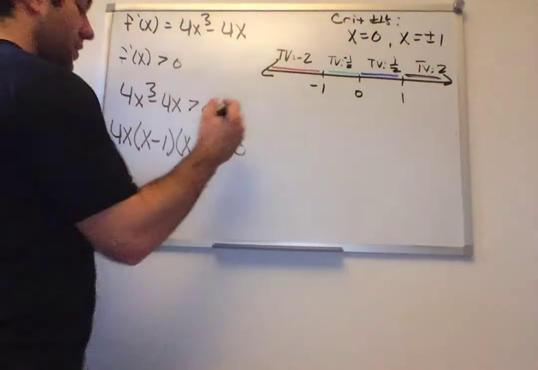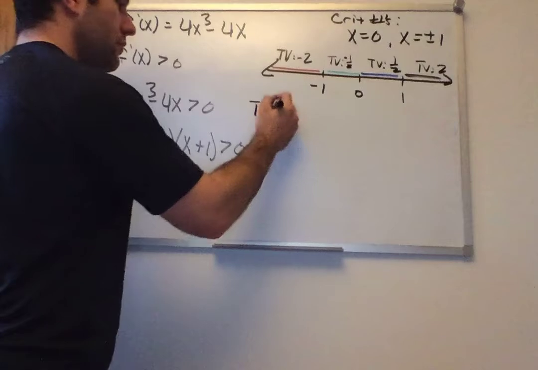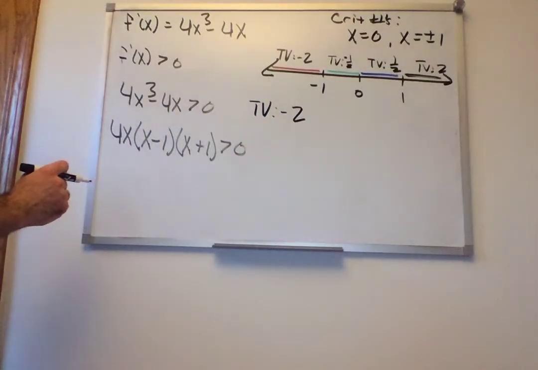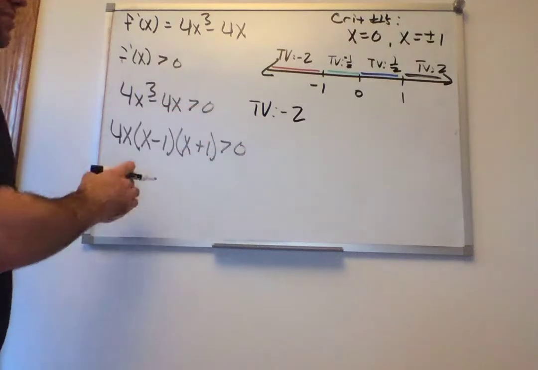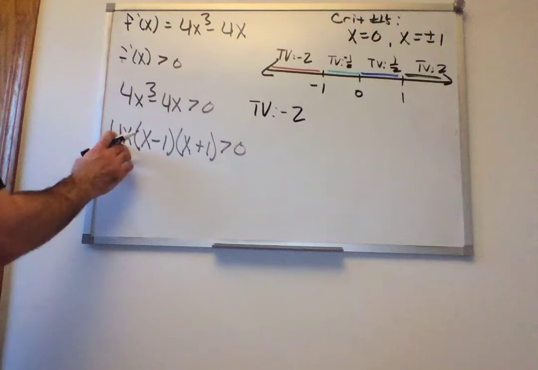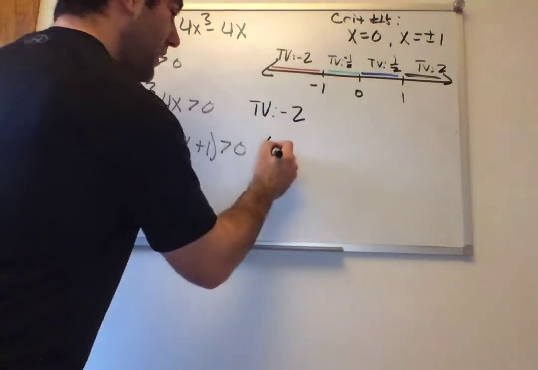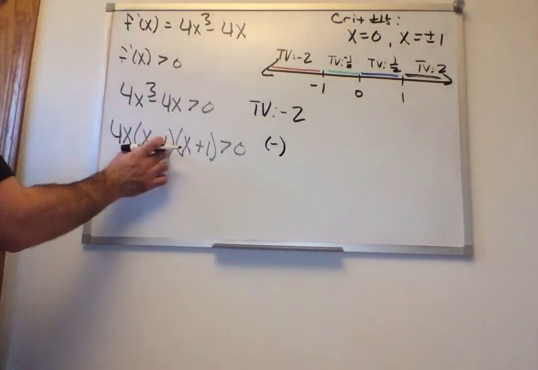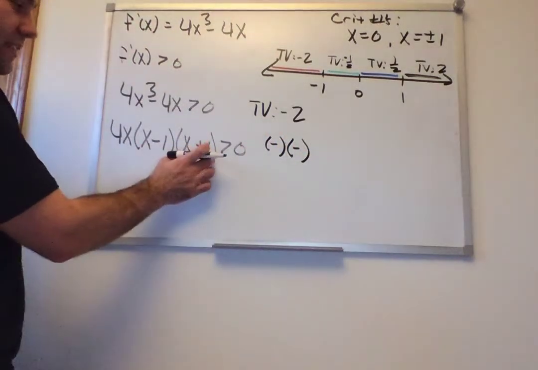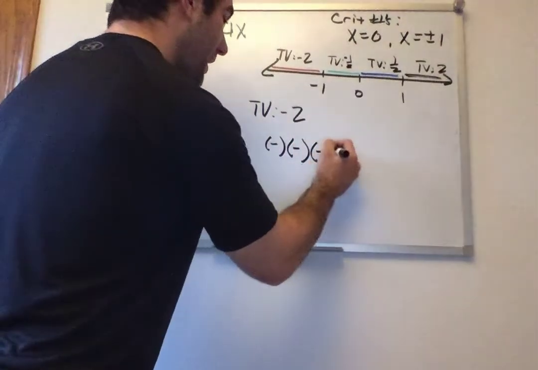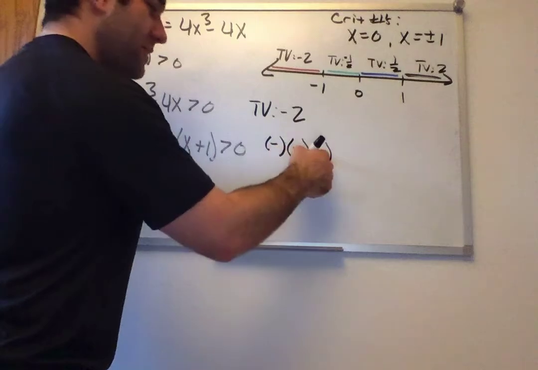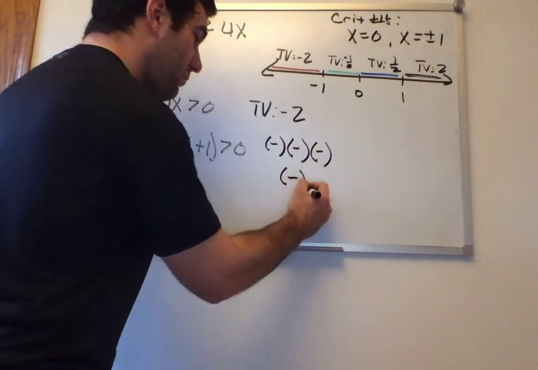Okay? So let's start with the test value, -2. Now, I know I set it up like the last problem, but we really only care about the sign. So if I plug -2 into here, you're going to get a negative number. If I plug -2 into here, you're going to get a negative number. If I plug -2 into here, you're going to get a negative number. Negative times a negative times a negative is a negative number.